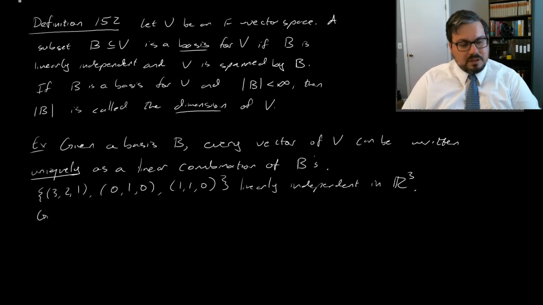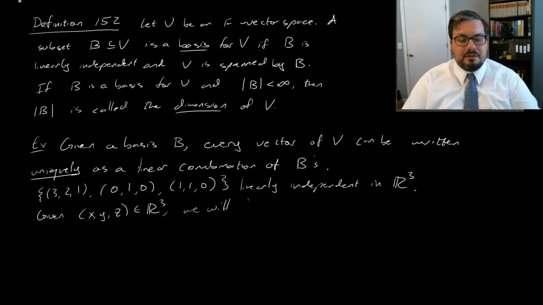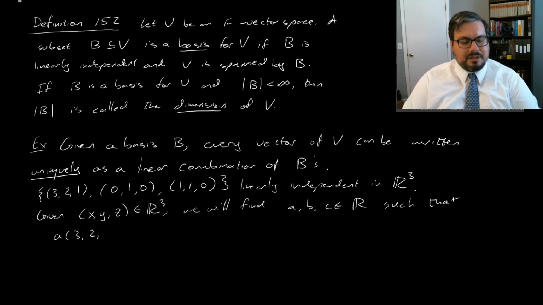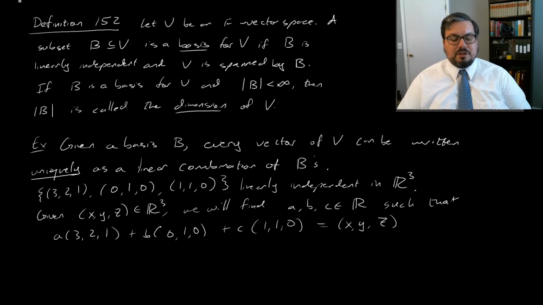So, given some vector (x, y, z) in R³, we will find some A, B, and C in the field R such that A times (3, 2, 1) plus B times (0, 1, 0) plus C times (1, 1, 0) equals (x, y, z). Now, if you write all this out component by component, then you'll get a bunch of equations involving A, B, C, x, y, and z.